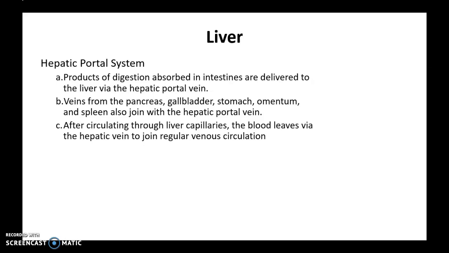This deoxygenated blood then leaves the liver via the hepatic vein. Again, the hepatic vein carries deoxygenated blood out of the liver, and the hepatic vein ultimately joins the venous circulation. All right, again, if you have any question on this, feel free to email me.